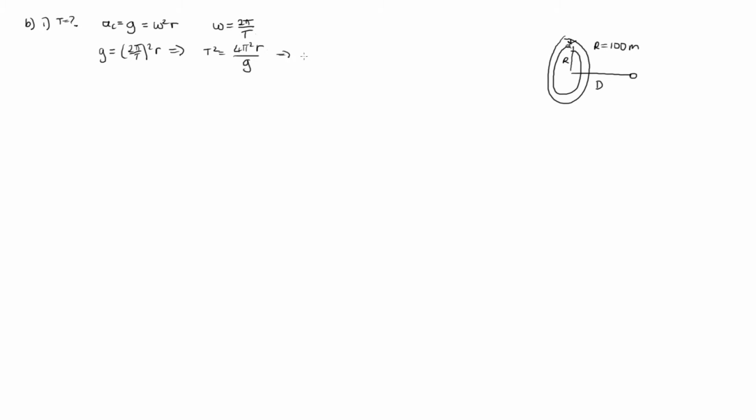And so the period is going to be equal to 2 pi times the square root of r. Sorry, that r is the radius of the disk here, so it should really be a capital R. So let's put capital R on g, and then we can substitute in. So we've got 2 pi times the square root of 100 over 9.8, so that's approximately 10. But solving that on the calculator, we end up with 20 seconds.